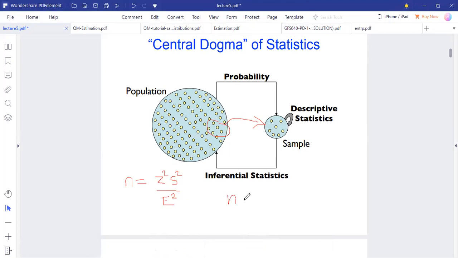The other formula that we're going to use when calculating the sample size is z squared times p times q, divided by the level of precision, which is the error squared. These are the two formulas that we're going to use under sampling.